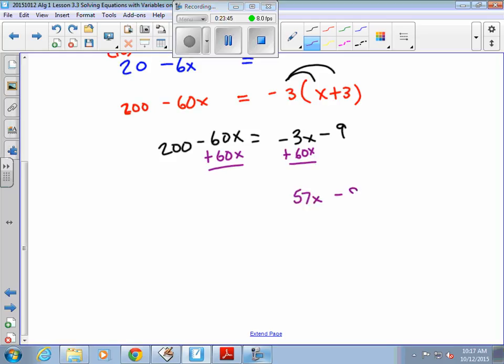We still have negative 9 on the right, and 200 on the left. Since we got our x's on the right side, undo negative 9 by adding 9 here. If you add it to the right, add it to the left. Now you have 209 is equal to 57x.